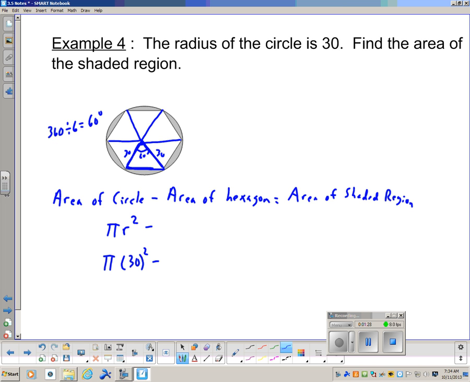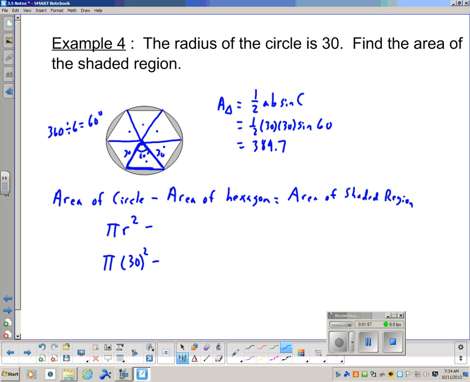So I can easily find now the area of one of those triangles, using the trig area formula, 1/2 AB sine C. So 1/2 times 30 times 30 times the sine of 60. And I get about 389.7.